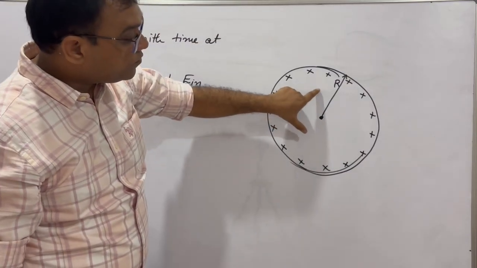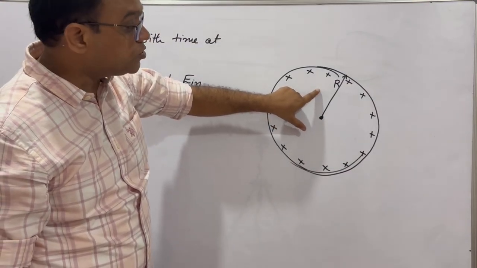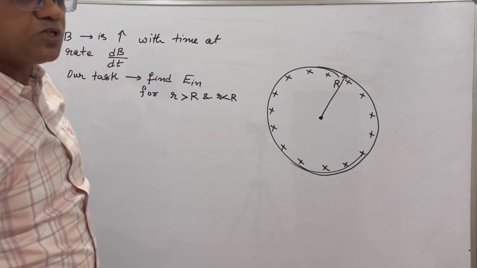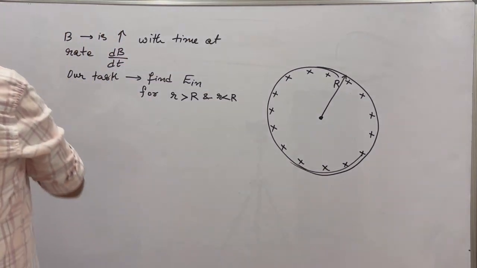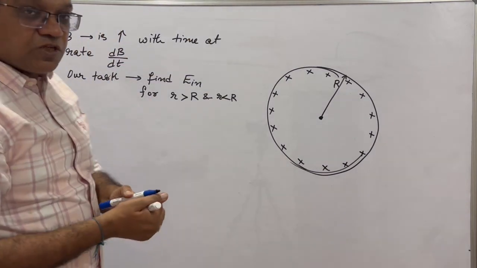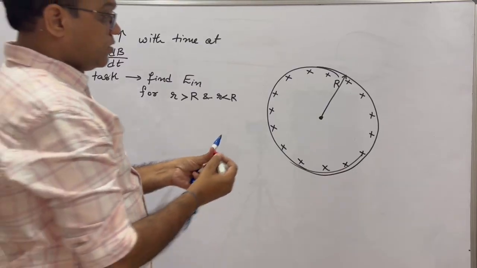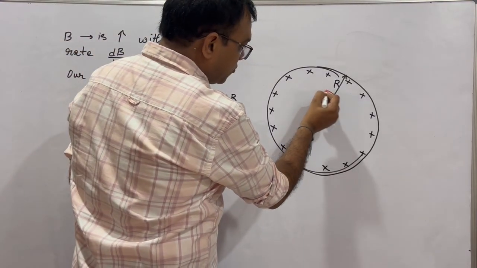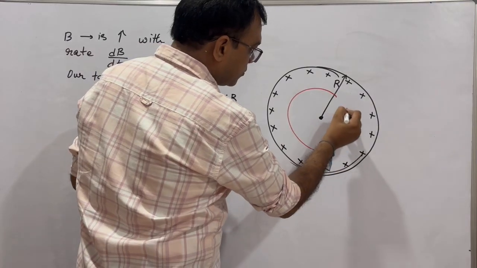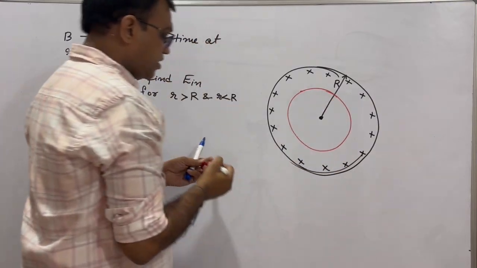We want to find the electric field here also and here also. This is our task. Now, to find this, for the inside point, I am taking this loop.